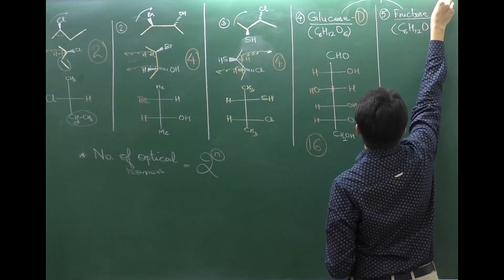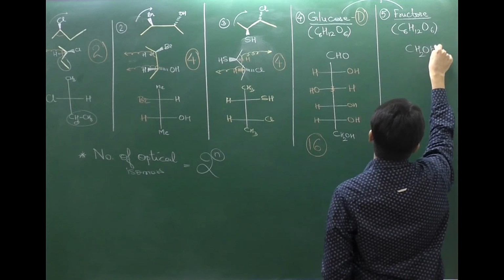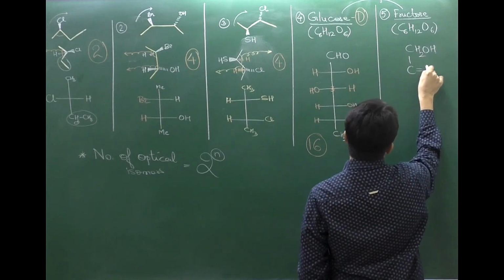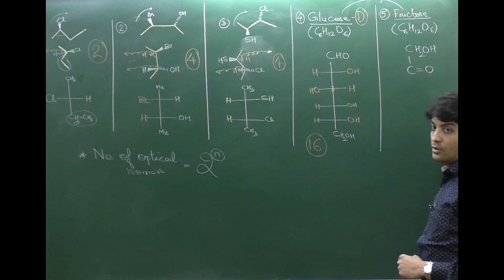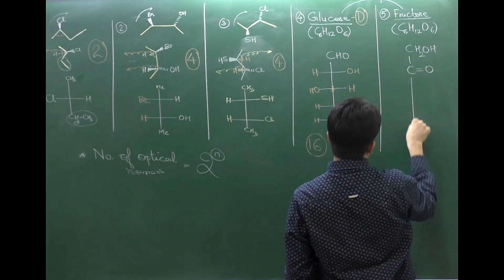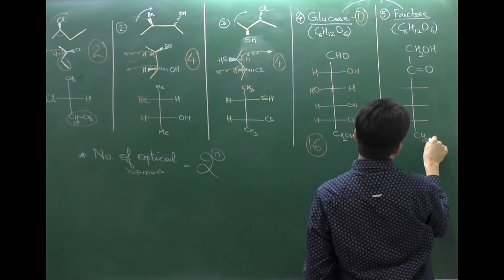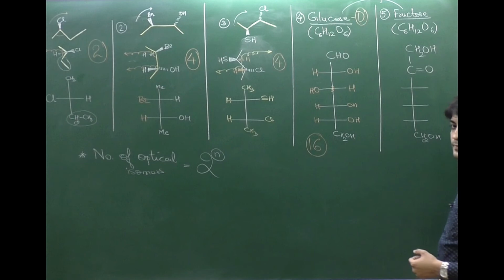So fructose has an alcoholic group at the start, a ketone at the second non-terminal position. It can't be at the terminal, right? Then the 3 carbons with chirality, and the last one satisfied with CH2OH.